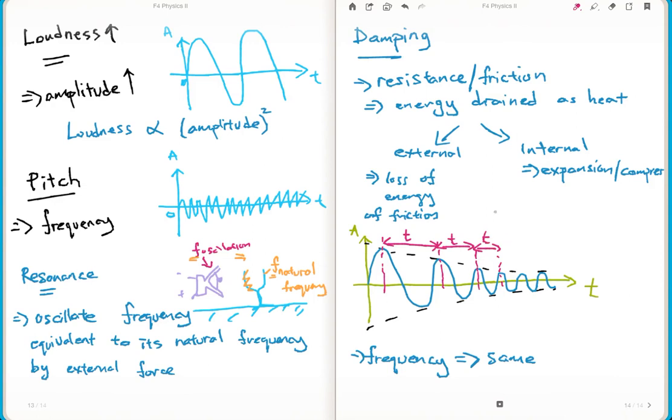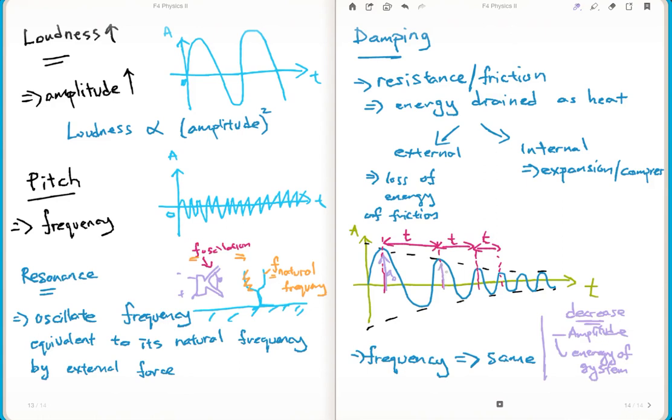Time is the same, frequency is the same. What changes is the amplitude and the energy of the system. This one decreases. It reduces over time. Because the amplitude from here to here, let's say I have A0.